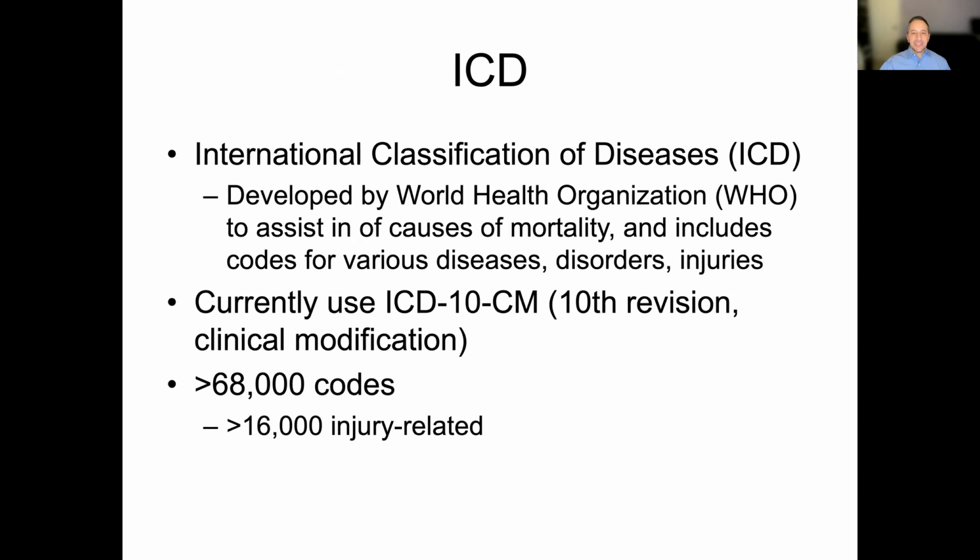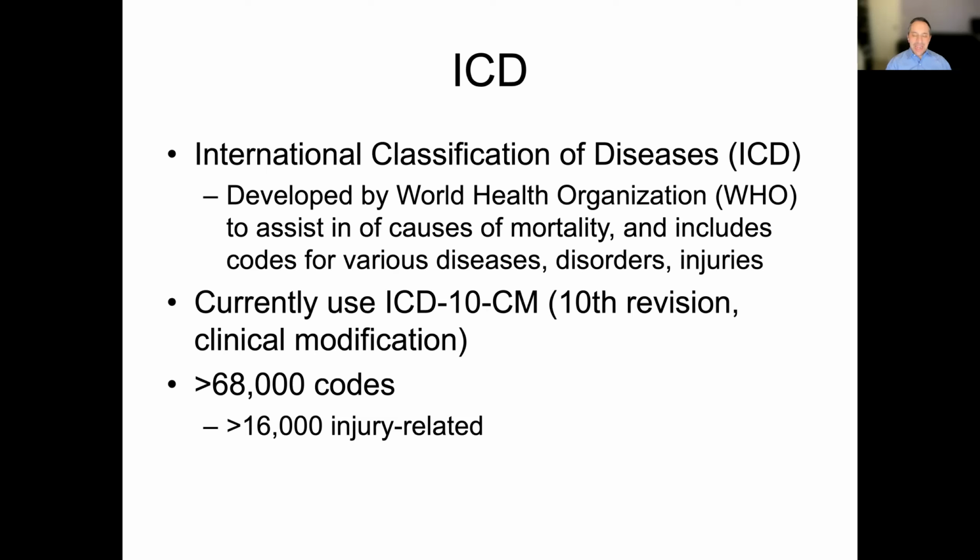So ICD is the International Classification of Diseases. It was developed by the World Health Organization to assist in looking at causes of mortality, and includes codes for various diseases, disorders, and injuries. The current version of ICD is ICD-10, the 10th revision.